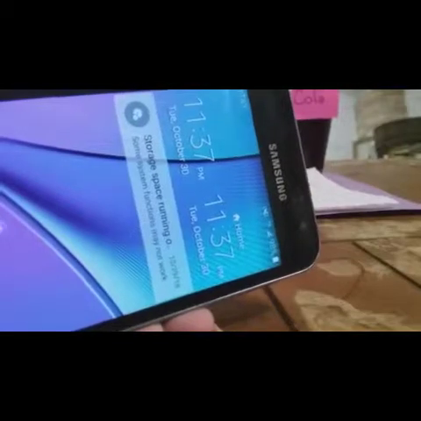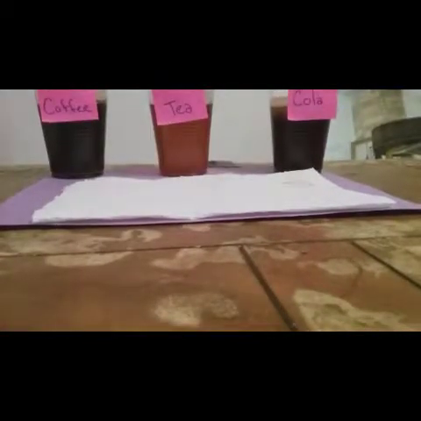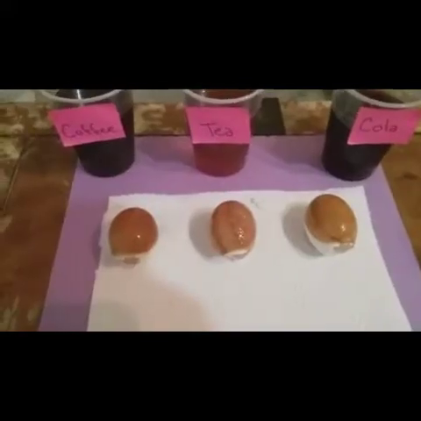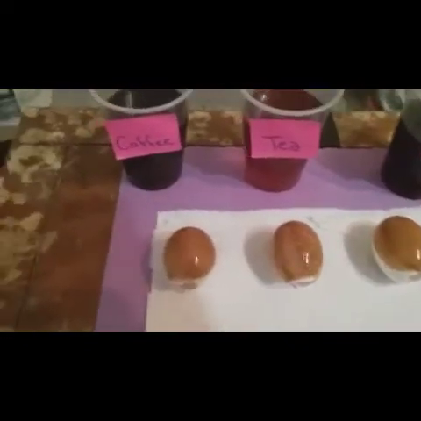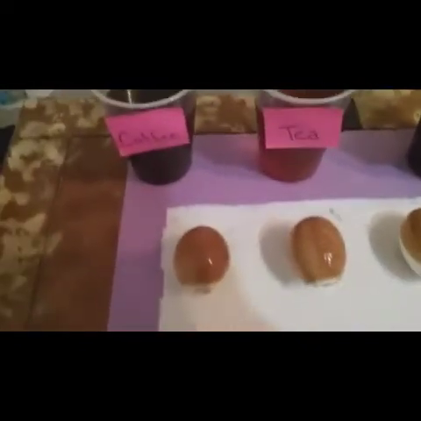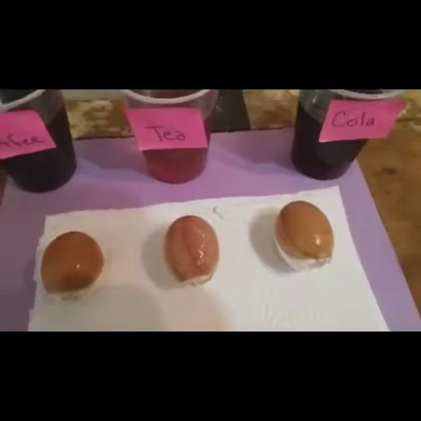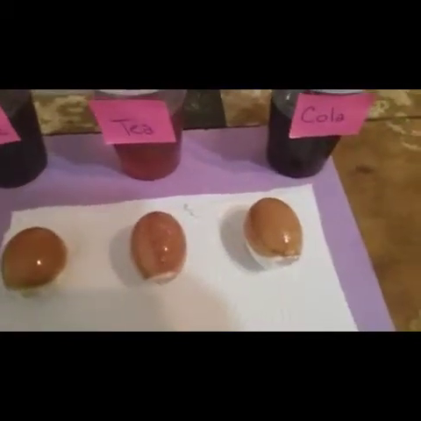It is now 11:37 of day 2, and we will now see how our eggshells look. This is what the eggshells look like. This is the coffee, the tea, and the cola eggshell.